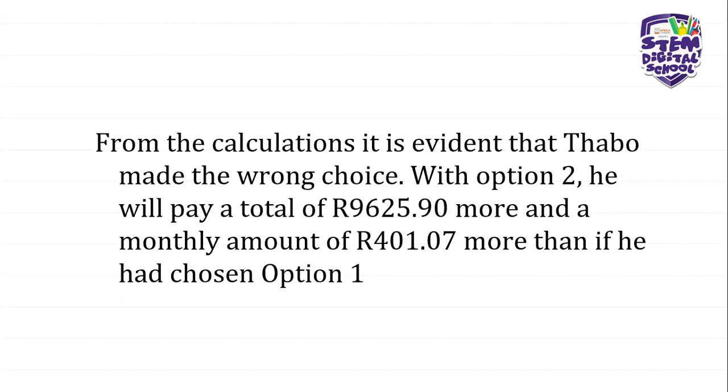Now, from these calculations, we can tell that the second option has a total repayment of 9,625 rands and 90 cents more. And even the monthly repayment is 401 rands and 7 cents more than the first option. So how do you get this?